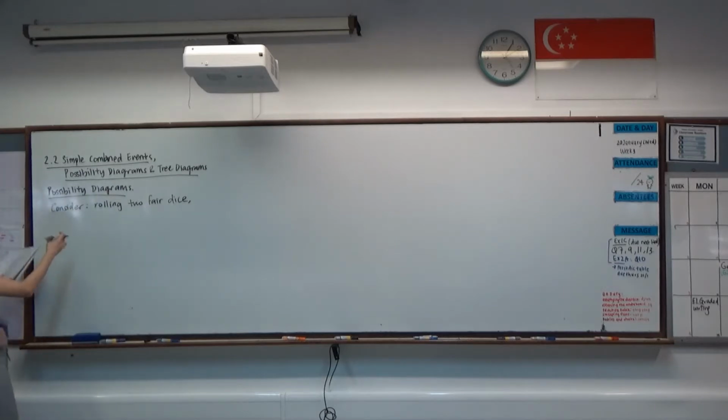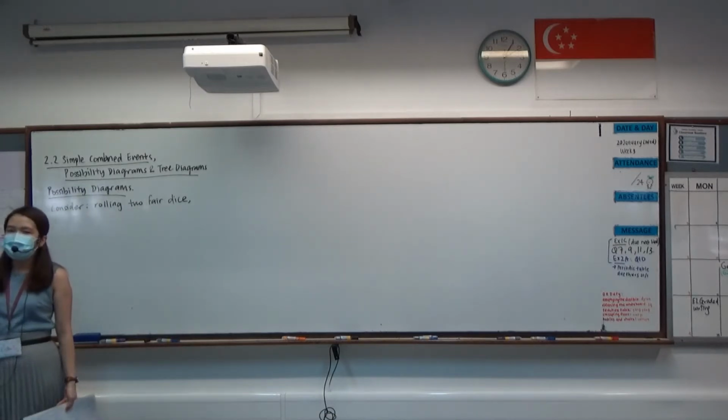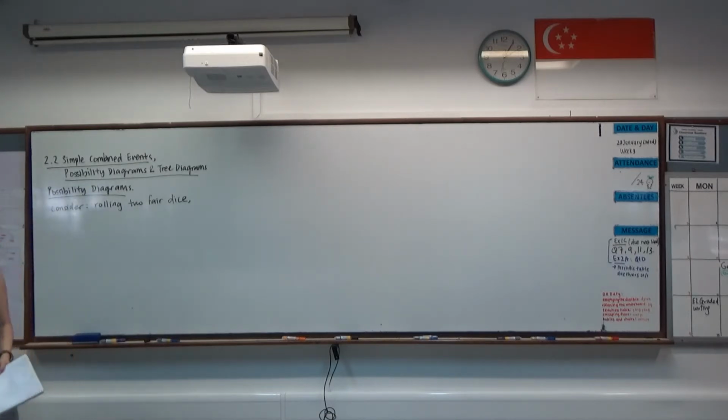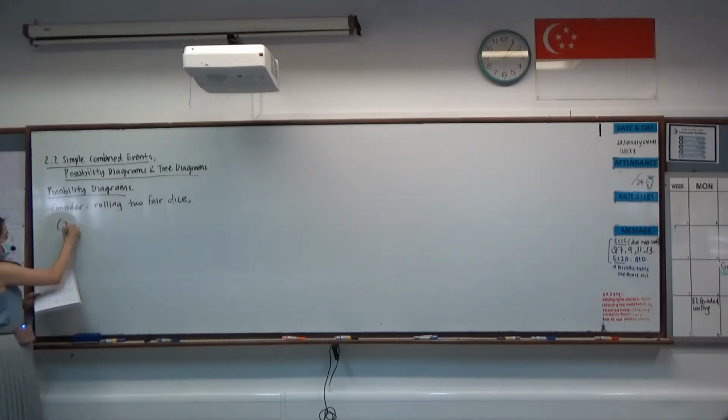So if I were to roll 2 fair dice, one die itself can show 1 to 6, and the other die can also show 1 to 6. If that's the case, what are the combinations of numbers that we could get if I chose 2 at a time? One possible outcome would be a combination like 2, 3.